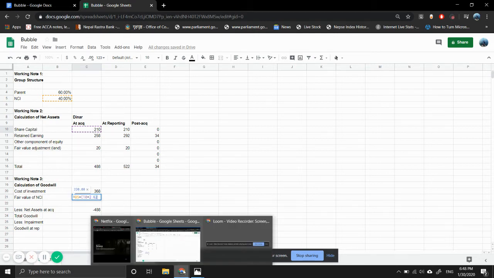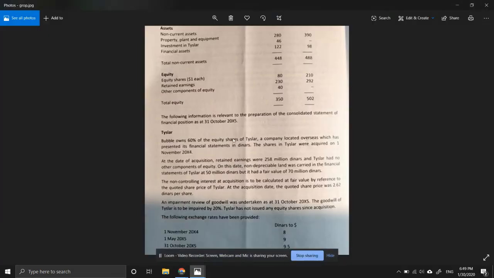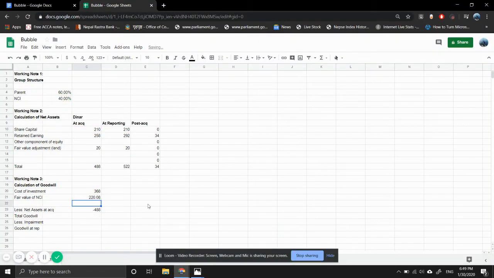Isn't that how much we paid for it? I think that's what it is. 2.62, yeah. So I'll just round it up, okay? So let's add it up. This plus this, and this plus this. So 100 is our goodwill, right?